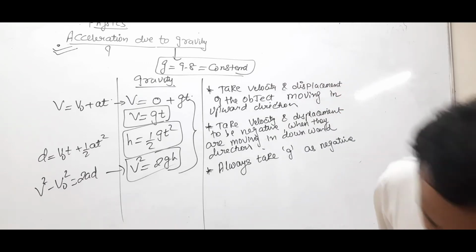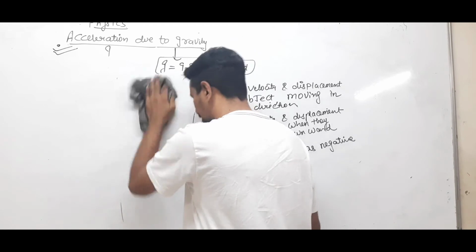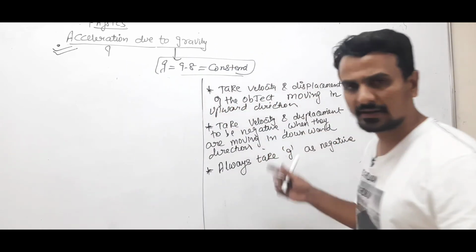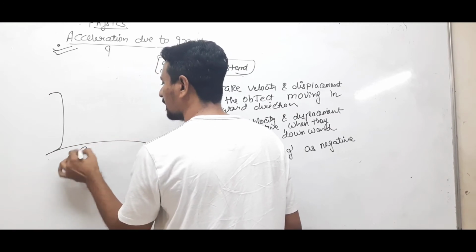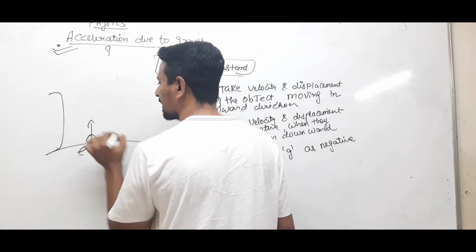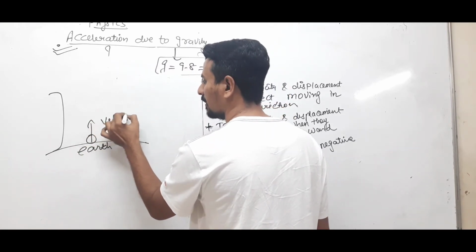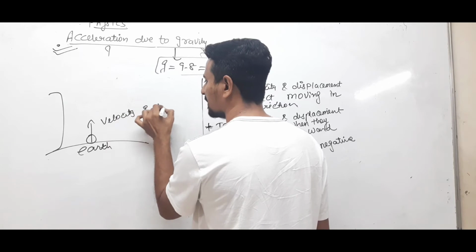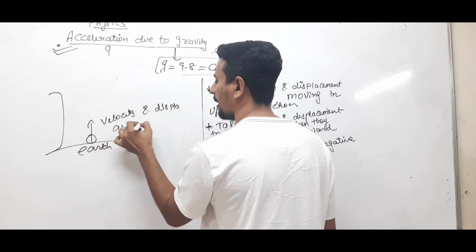Let us understand the rules written here with the help of a diagram. This is Earth. If I am throwing an object in upward direction, this way, take its velocity and displacement as positive.